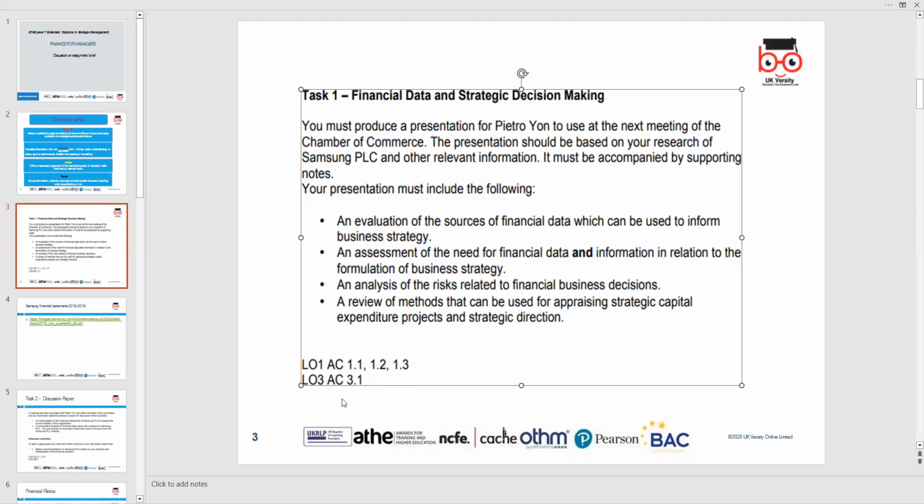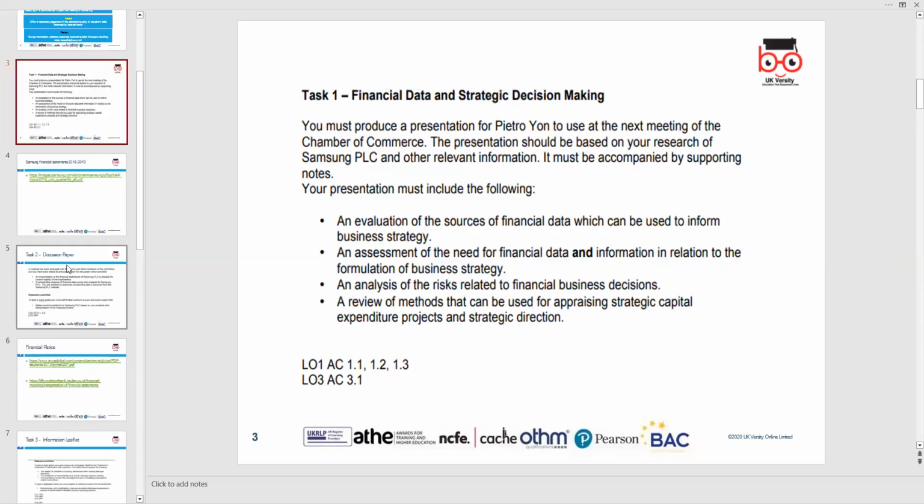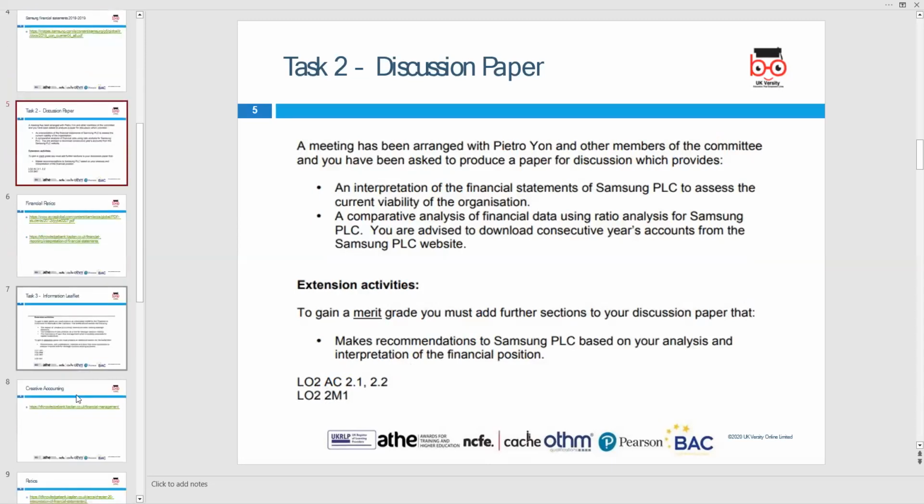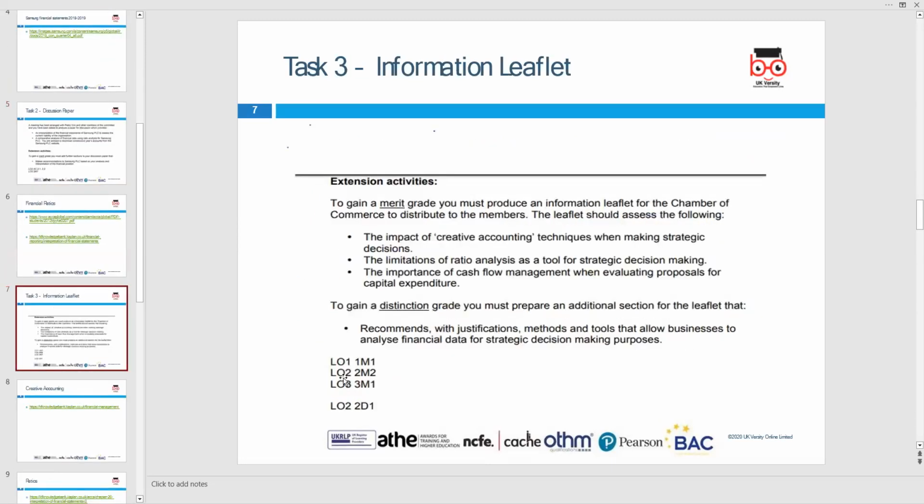Task 1 covers your learning outcome 1 and learning outcome 3, and the assessment criteria is there. Task number 2 covers your learning outcome number 2 with assessment criteria 2.1 and 2.2 and merit criteria. And task number 3 covers your learning outcome number 1, learning outcome number 2, learning outcome number 3 with merit and distinction.